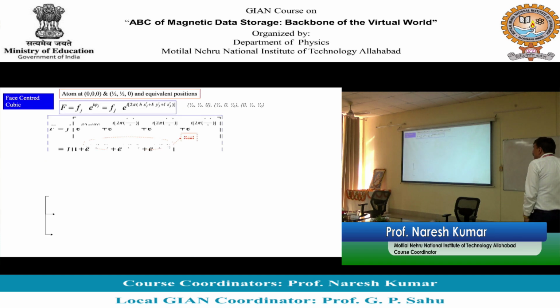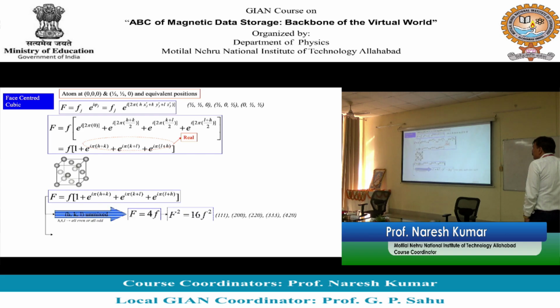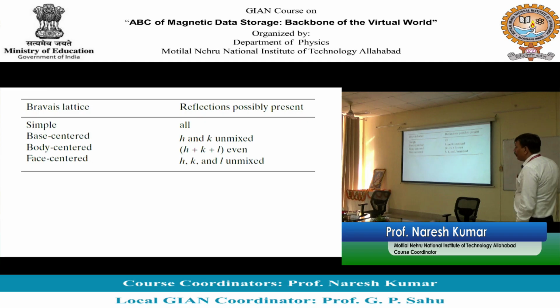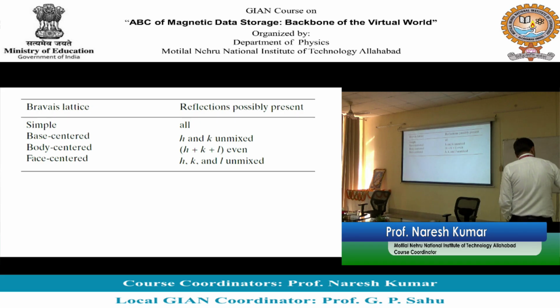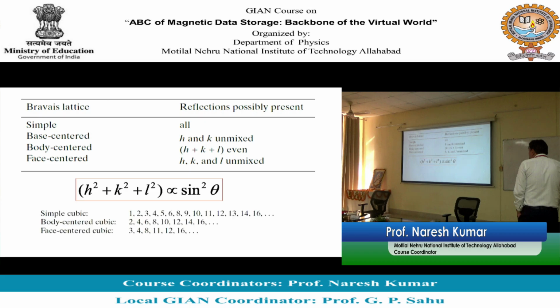So is with I think face centered. ये relation आएंगे face centered के लिए. Okay, मैं जरा summarize कर लूँ. So suppose you have simple cubic Bravais lattices. All reflections are permitted. Base centered, this is permitted for body centered. This is permitted for face centered. These are permitted. और एक मिनट.